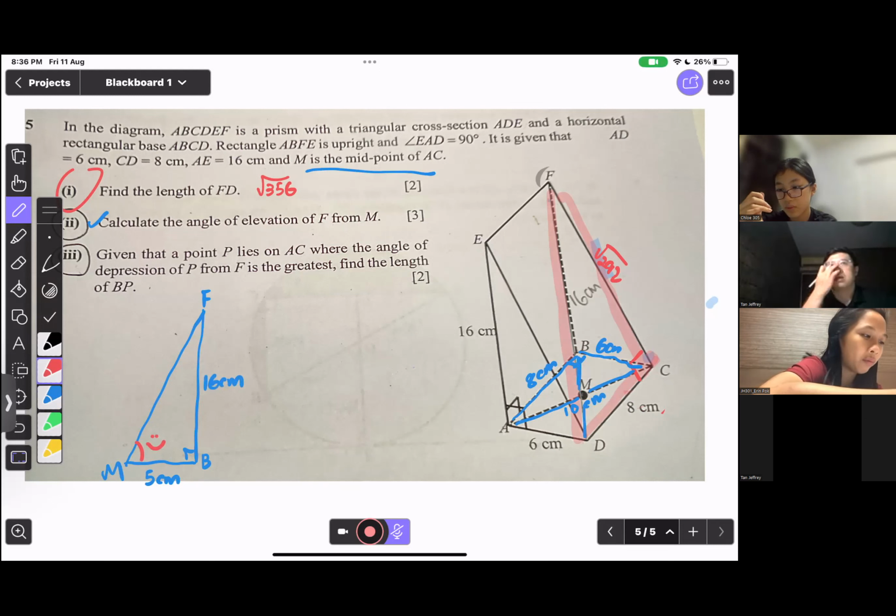So angle FMB is the angle of elevation of F from M. M is the one below, F is the one on top. Angle of elevation means you are raising your head up.